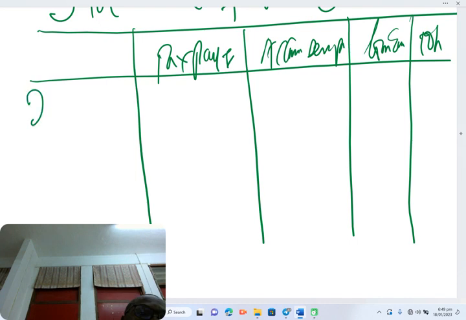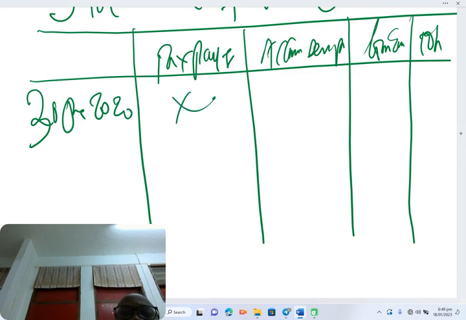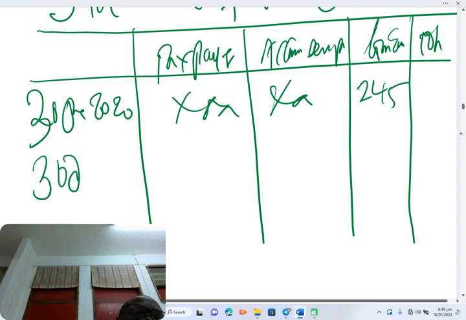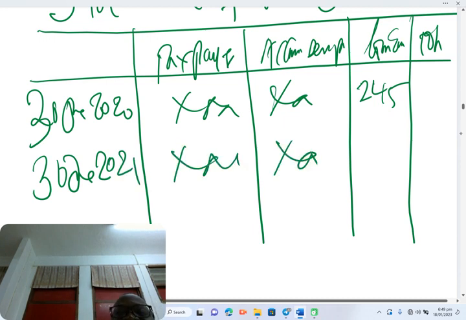So in 30th June 2020, taxpayers and this one, and gain is 2, how much? Gain 245. Again in 30th June 2021, taxpayers accumulated and gain is, that is outward.